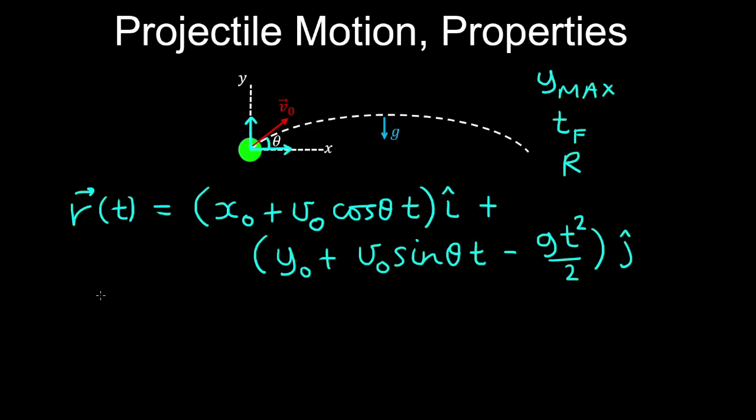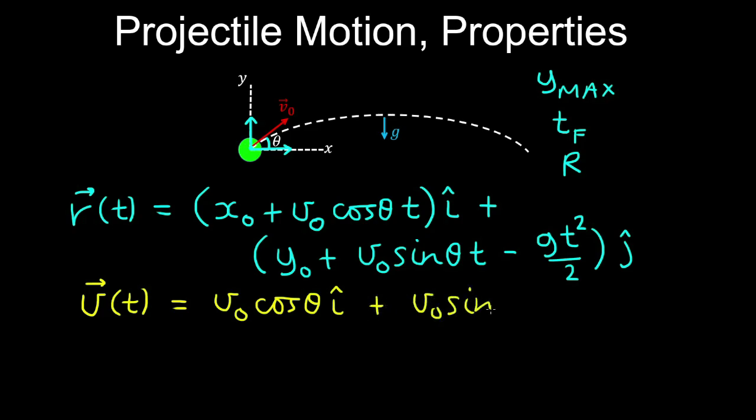So if we differentiate this equation with respect to time, we get the velocity, which is v naught cosine theta in the x direction plus v naught sine theta minus the gravitational acceleration by time in the y direction.